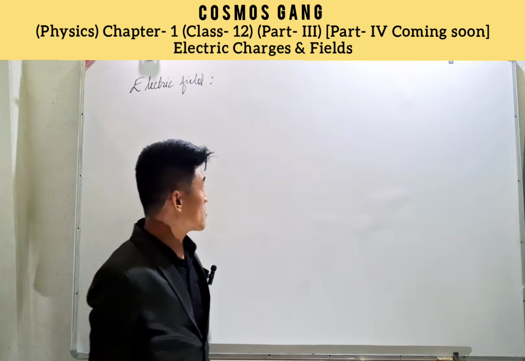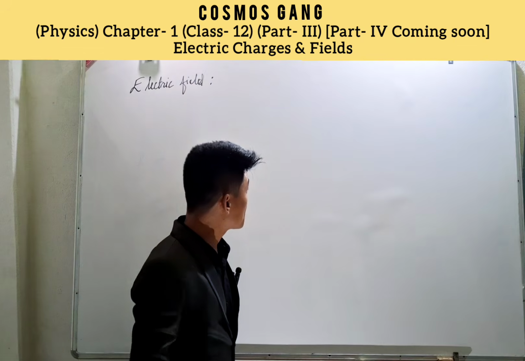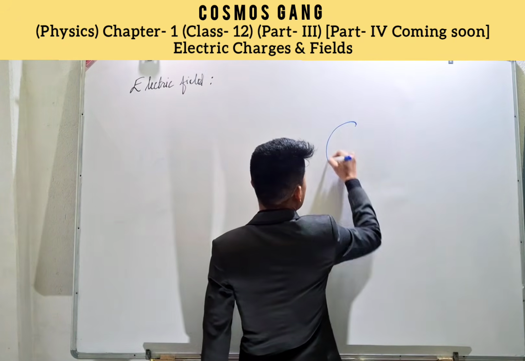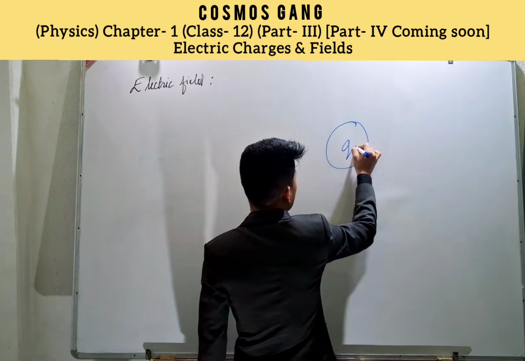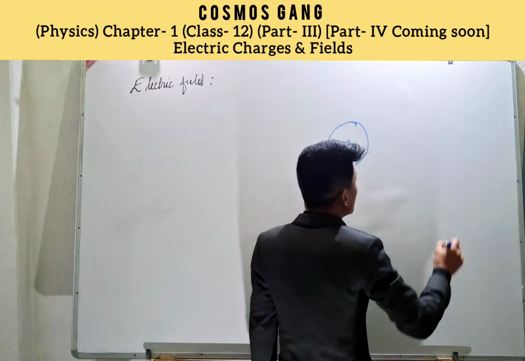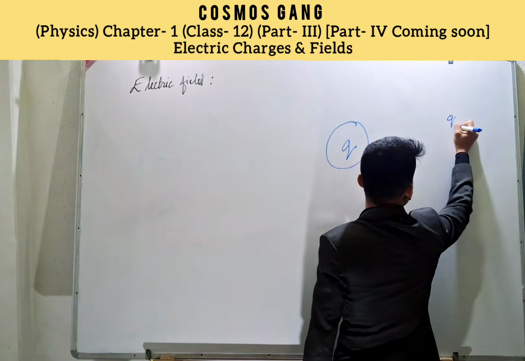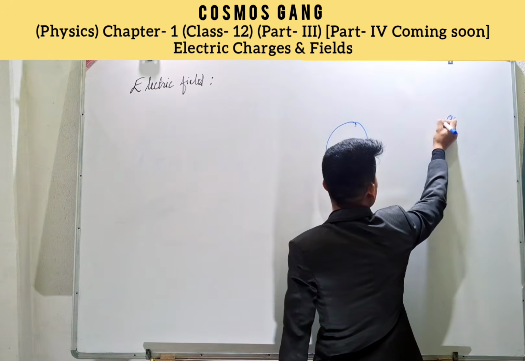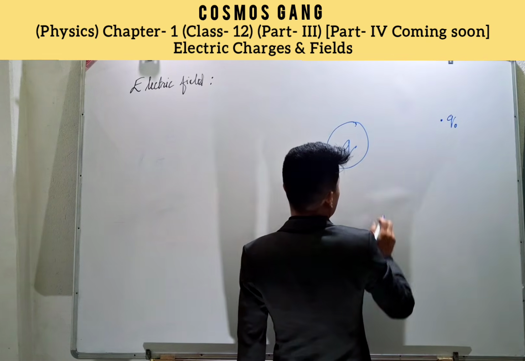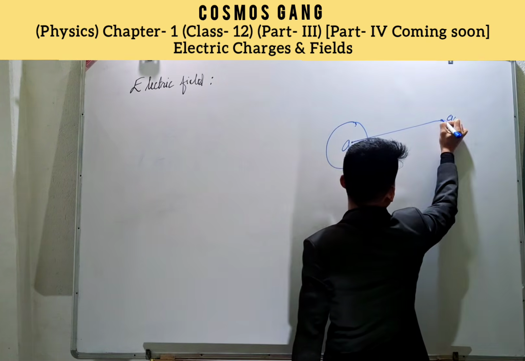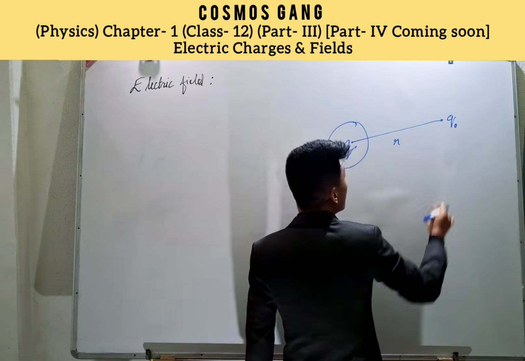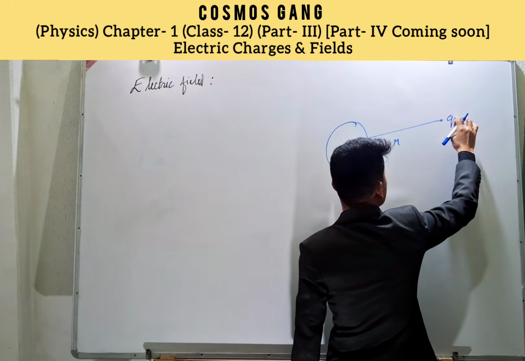From the example, we have seen that if there is a charge here, and a test charge Q naught is placed at any point r distance from the charge, a force will be acting on it.